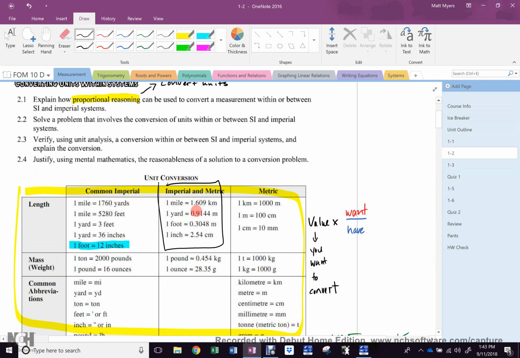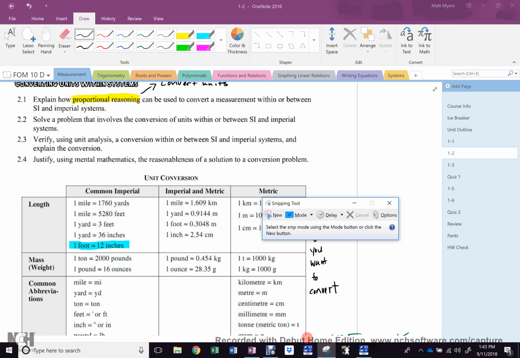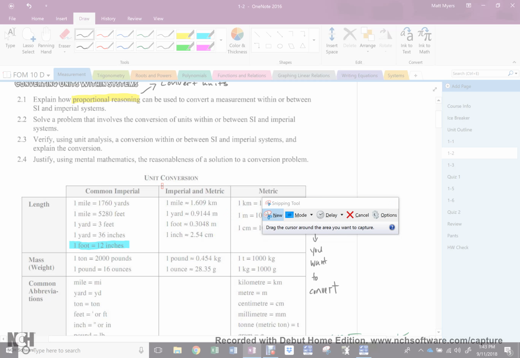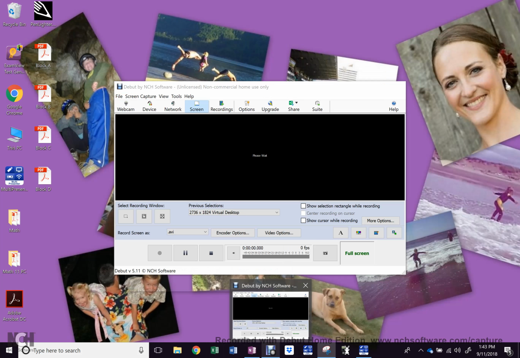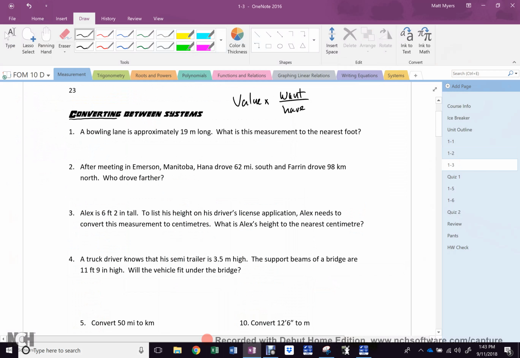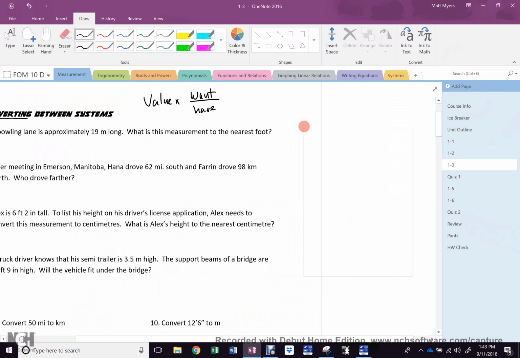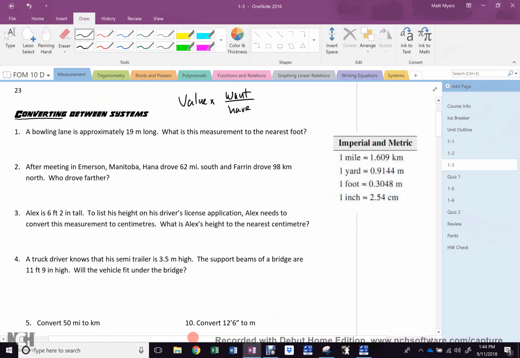Okay? Now here's what I'm going to do. I am going to go ahead and take a copy of this, and I'm going to bring it to where we are currently working. So we have it there, in case you don't have the sheet.